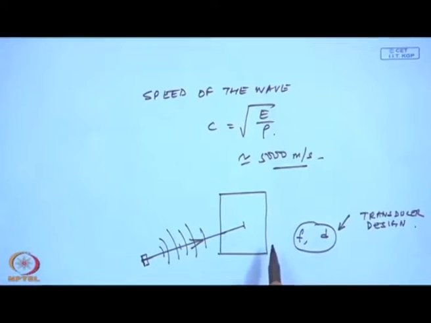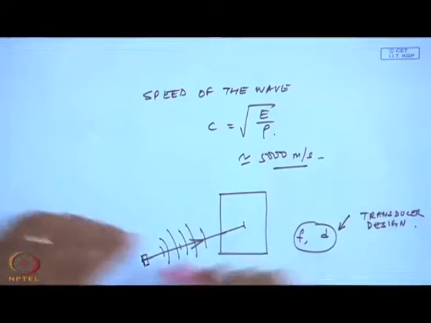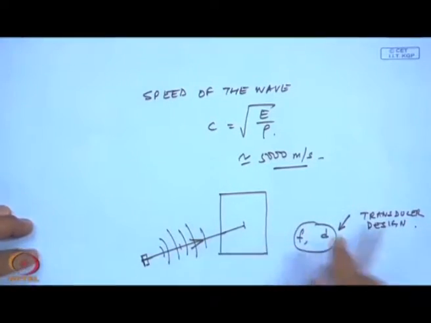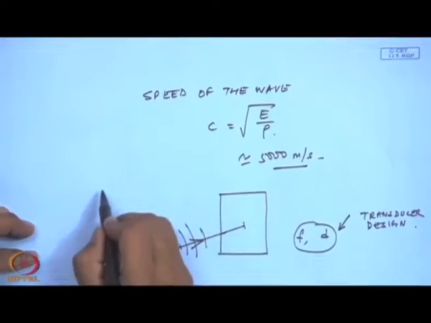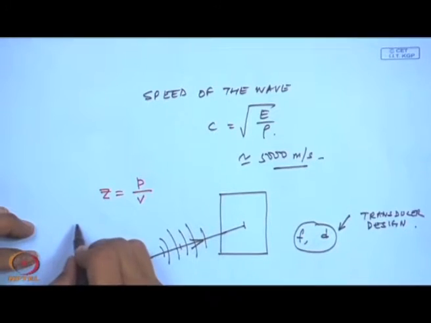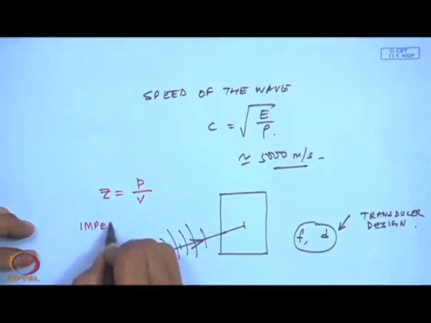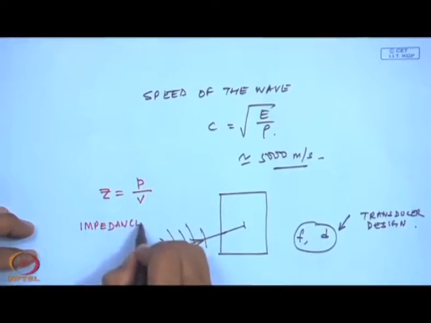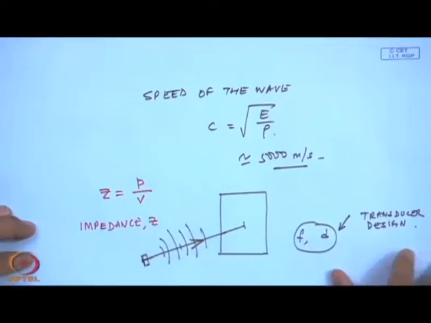So, essentially in ultrasonics we send a wave, and depending on the impedance, another important concept which I am going to introduce in acoustics, what is known as the impedance. Z is the impedance.